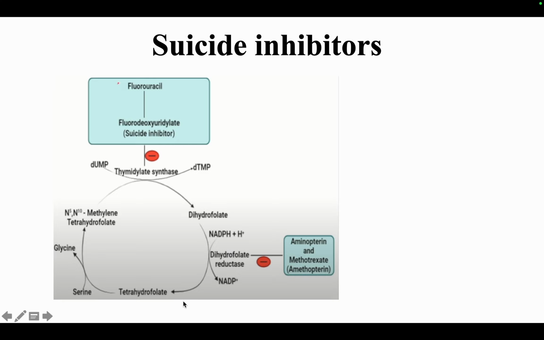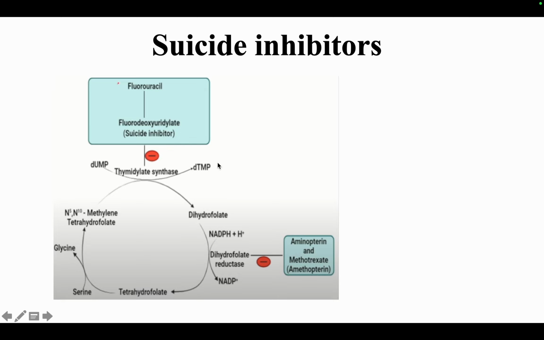Then we have fluorouracil. Fluorouracil is also a suicide inhibitor. Fluorodeoxyuridylate, the full form, is a suicide inhibitor, and it inhibits thymidylate synthase. This enzyme is involved in the purine and pyrimidine biosynthesis pathway, and cancer cells divide much faster as compared to normal cells.